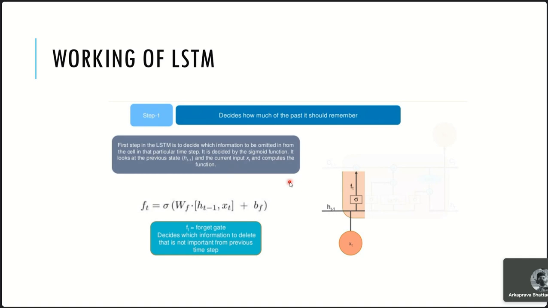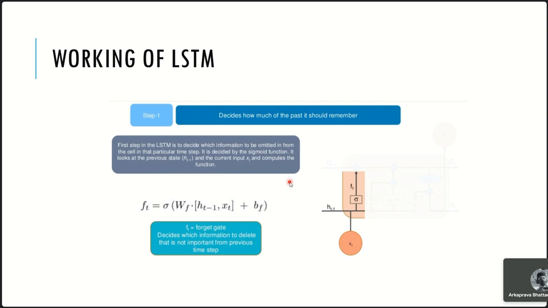That is FT, which is indicated as the variable for the forget gate, and here we use a sigmoid function, which decides which context needs to be remembered and which context needs to be omitted.